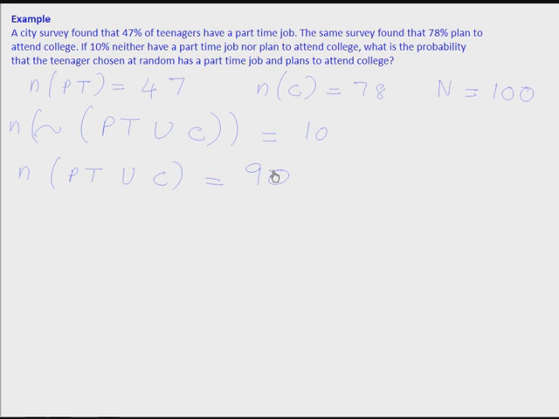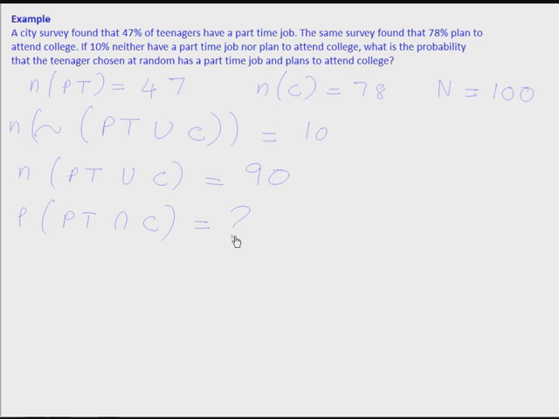And the question is, what is the probability that a teenager chosen at random has a part-time job and plans to attend college? So we are asked for PT intersection college. We've been asked to find the probability that a student both has a part-time job and plans to attend college.